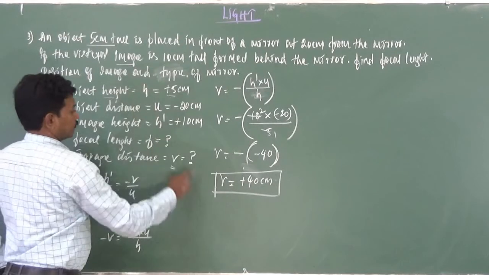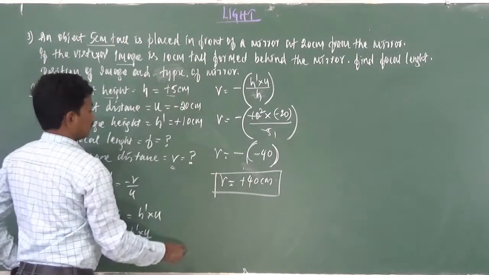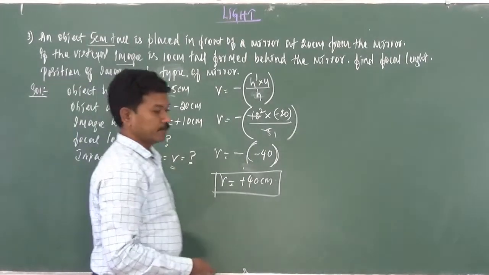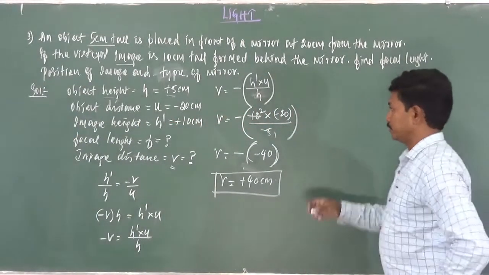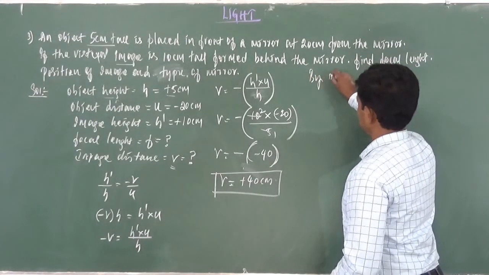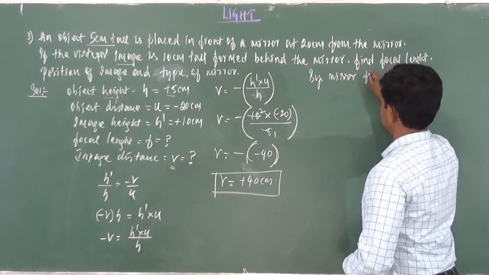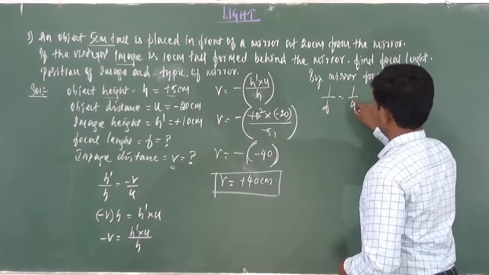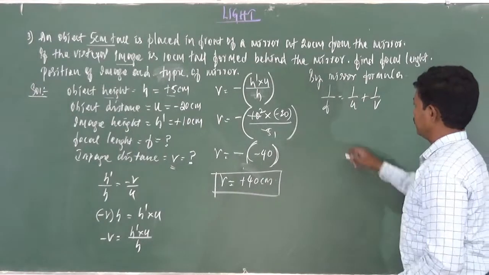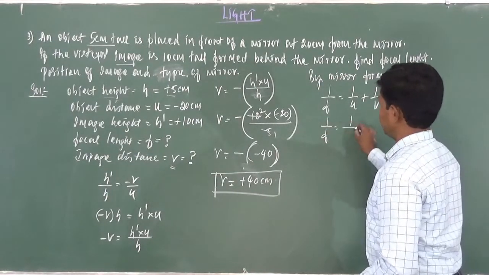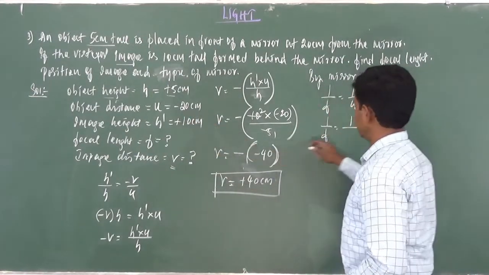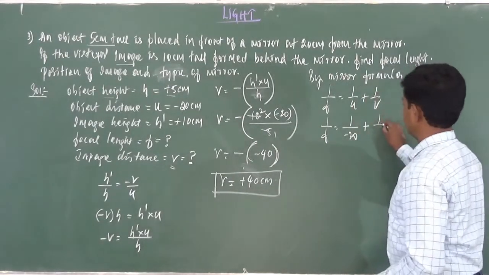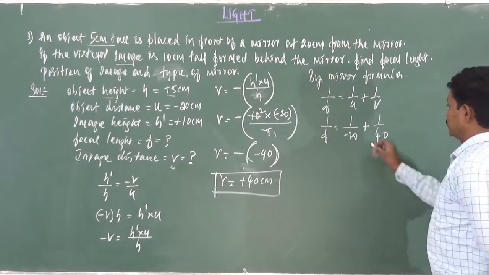And next is the type of mirror. We will find out the focal length and then we will decide the type of mirror. So by using mirror formula, 1 by f is equal to 1 by u plus 1 by v. So 1 by f is equal to 1 by minus 20 plus 1 by 40.